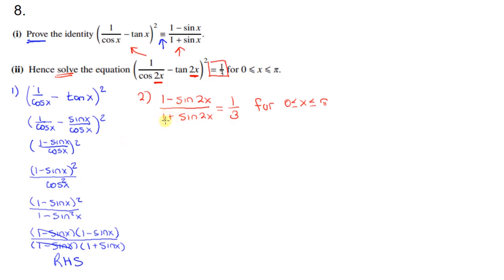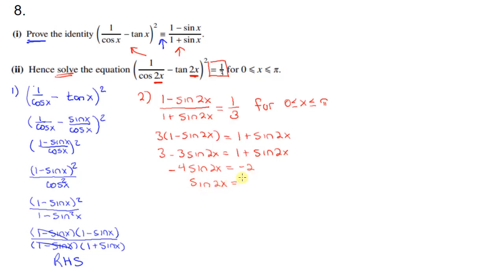And so my first thought is two fractions equal to each other, so I'm going to cross multiply and then distribute, giving me 3 minus 3 sine 2x is equal to 1 plus sine 2x. I want to get the signs together, so I'm going to subtract the sine 2x on both sides, and I'm going to go ahead and subtract the 3 on both sides.